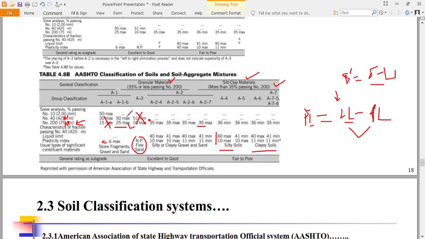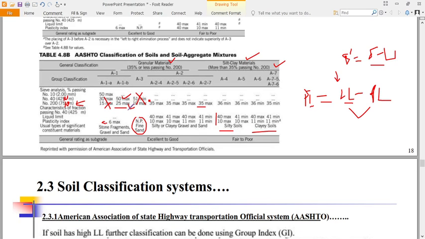So basing on these two conditions, you can see that material B is an A1B material of non-plastic. Is that okay? It's PI less than 6.